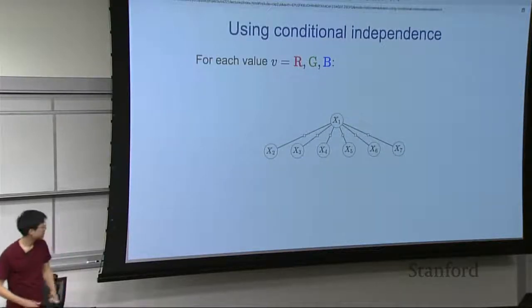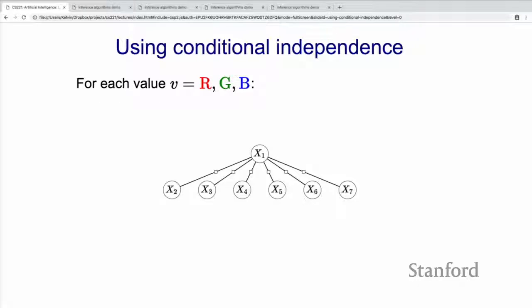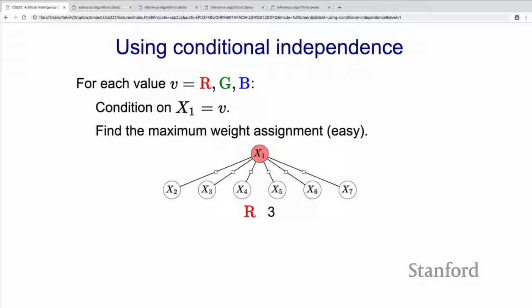So let's go back to this graph that looked like it was almost independent, but not quite. If we condition on the value of x1, now all of the variables below are independent. Let's say that all of these variables can take on 2 values.